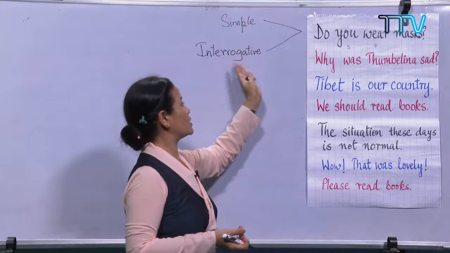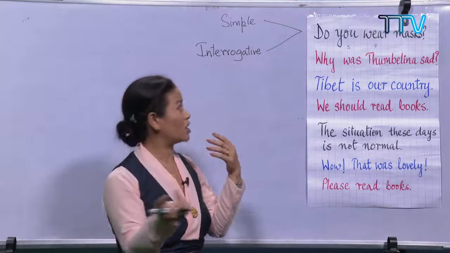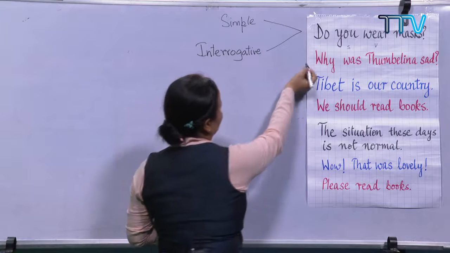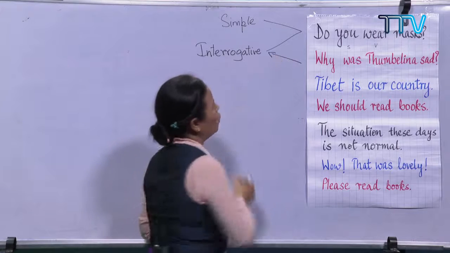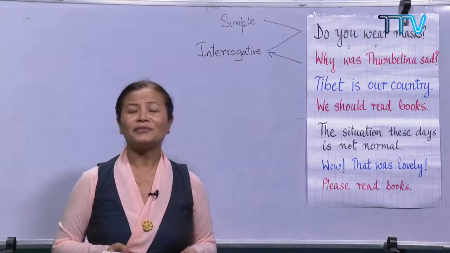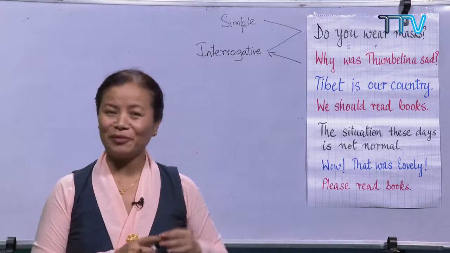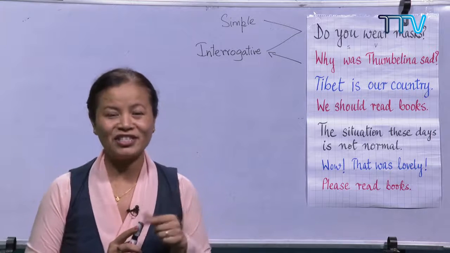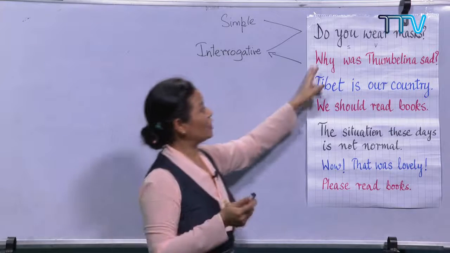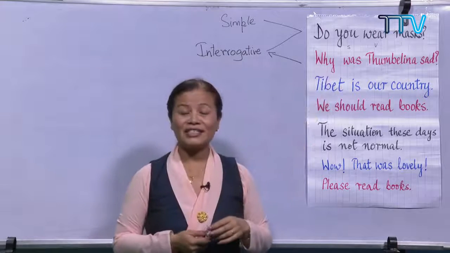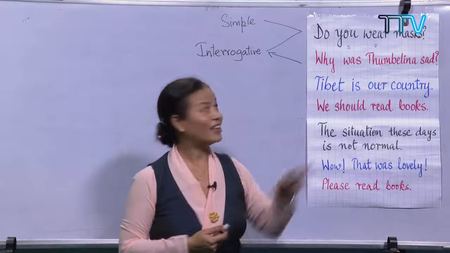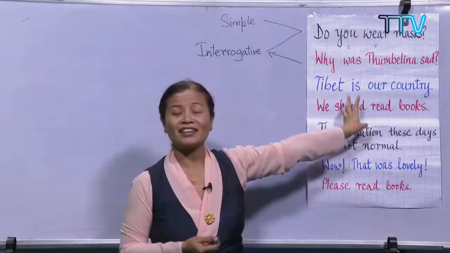Interrogative sentences can be in other structures as well. So, the same thing here. Why was Thumbelina sad? We read the story yesterday about Thumbelina. Do you remember in my first session? Yes. In the story you learned that Thumbelina was sad. But why? Why was Thumbelina sad?